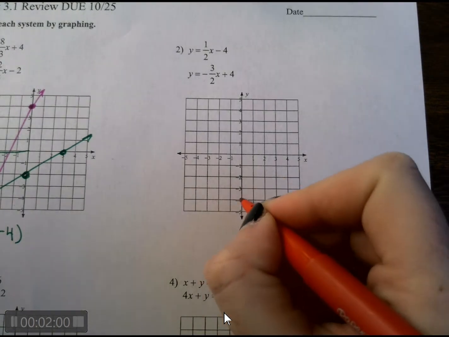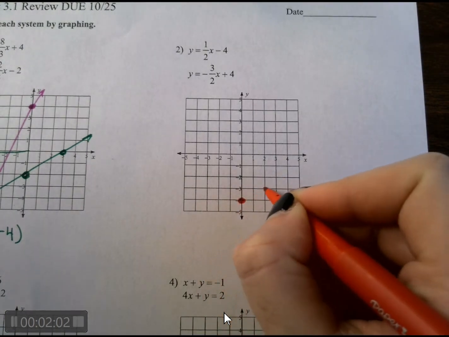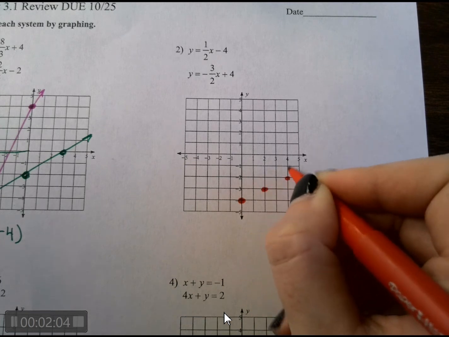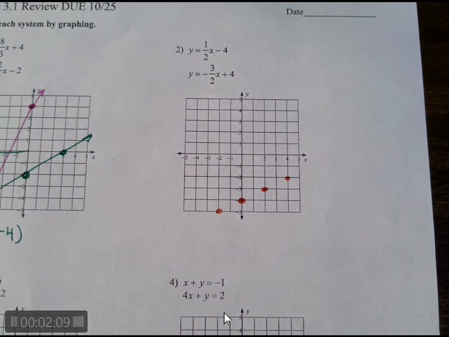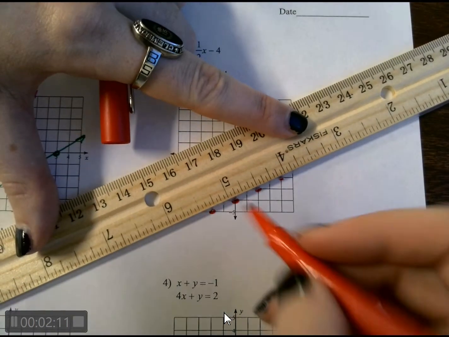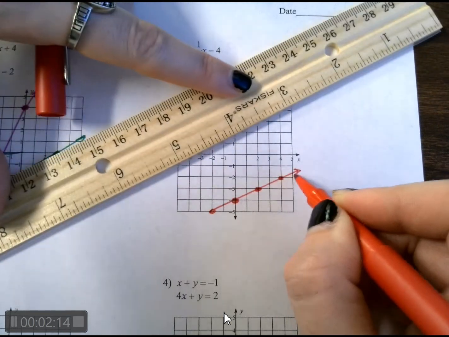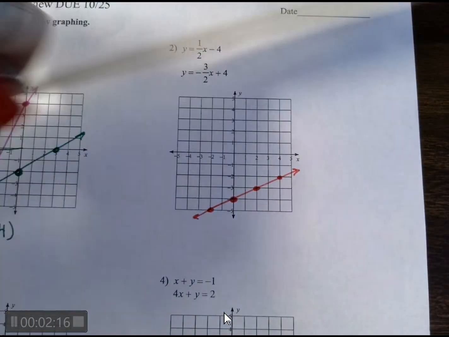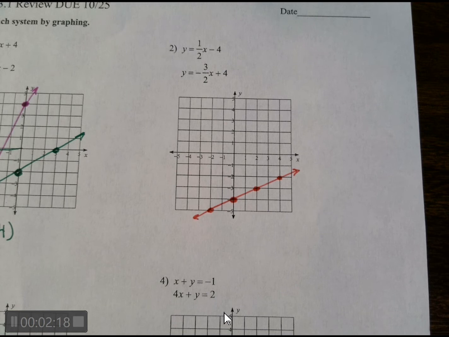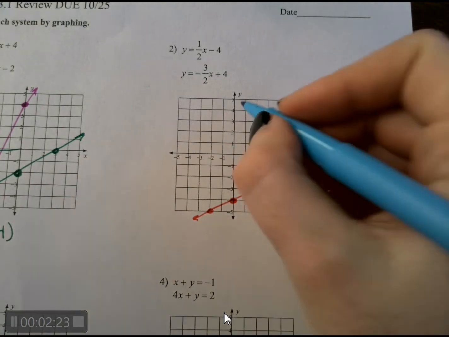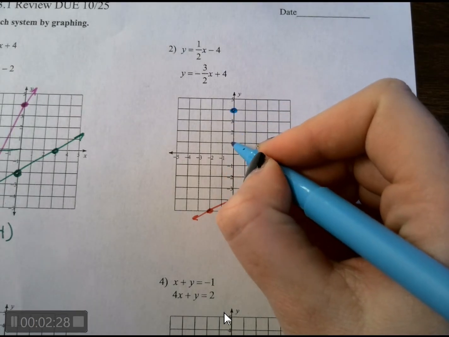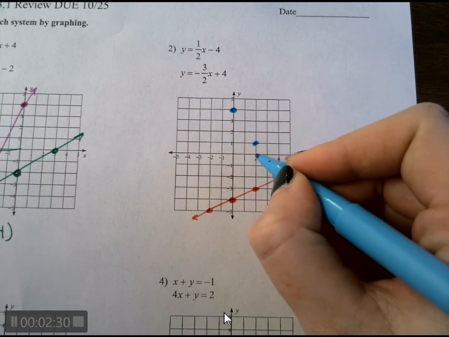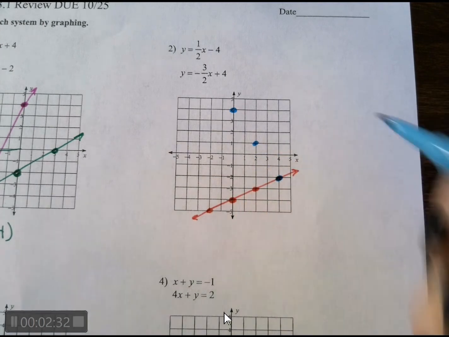And we start down at negative 4, and we go up 1 to the right 2, up 1 to the right 2, up 1, can't go any further, down 1 to the left 2. And graph your line. And then for our second line, we start at positive 4, and we go down 3, 1, 2, 3, to the right 2, and down 3, to the right 2.